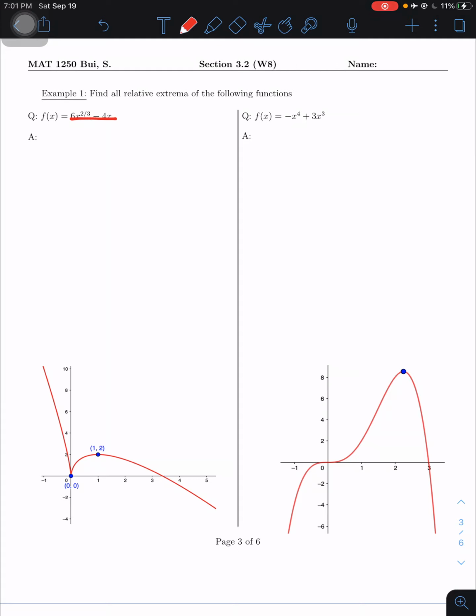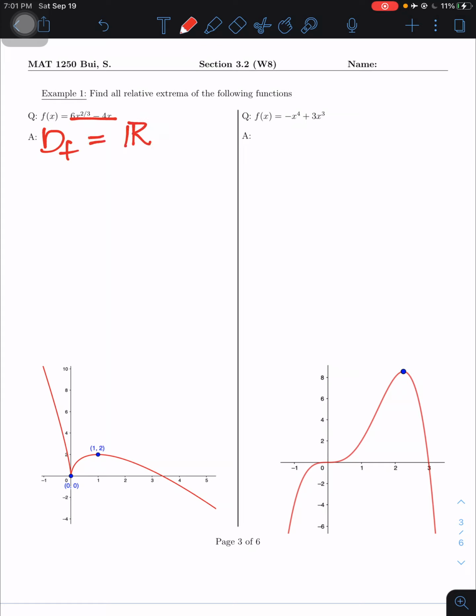If x equals 0, it's going to give you a number. If x is some positive number, it's also going to give you a number. There's no x value such that when you plug into f, it makes the function undefined. So that means the domain, D of f, is all real numbers, R.